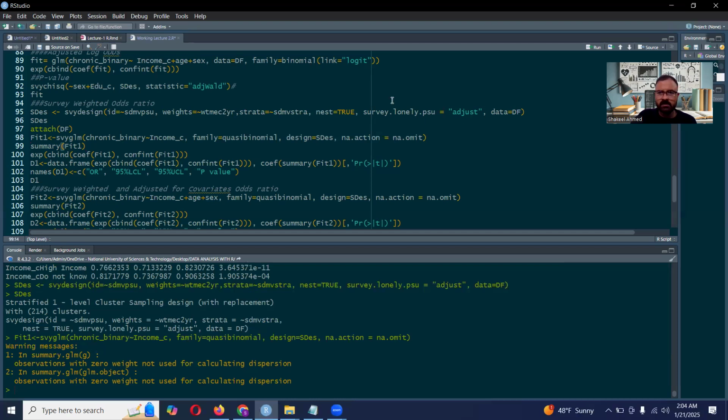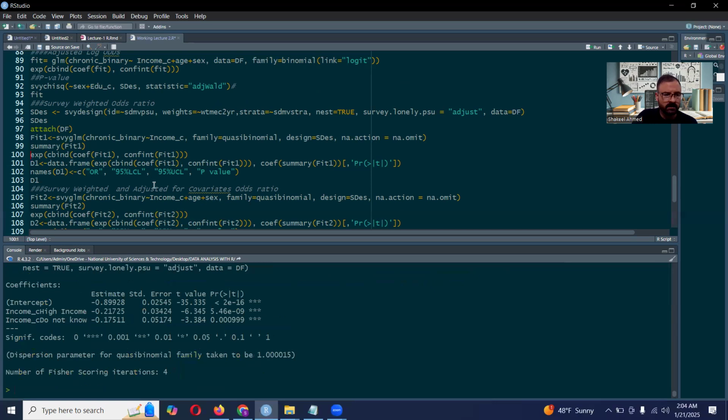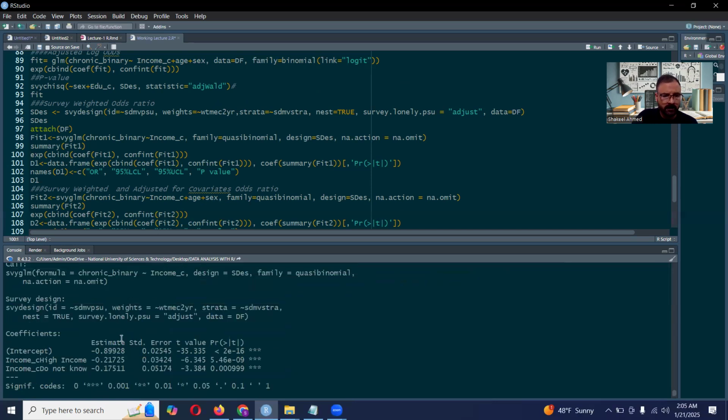So this is summary fit, as we already discussed, with the outcome in our file, and we have the estimates, that is basically the effect of a one unit change in income on the change in log odds.